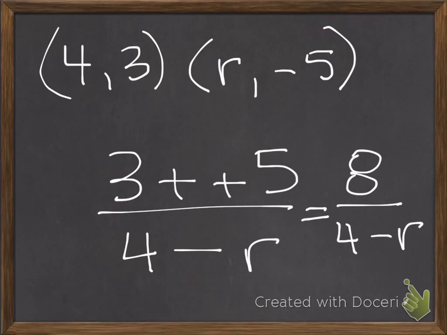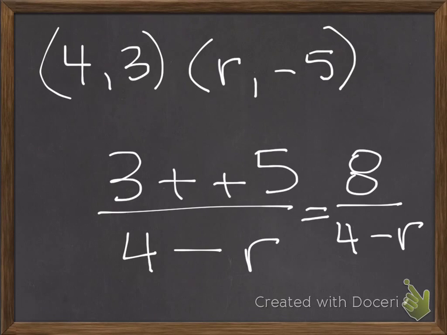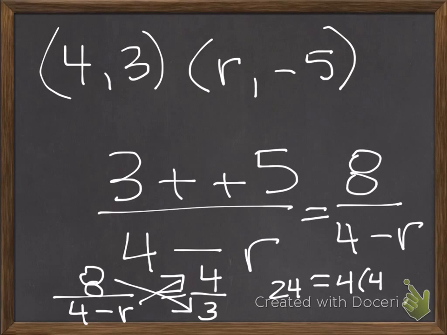So I'm going to take that ratio and I'm going to equal that to the slope that they gave me, which was 4/3. So 8 over 4 minus r equals 4 over 3. And then I'm going to solve for r by cross-multiplying to get 8 times 3 is 24 equals 4 times 4 minus r. So I'm going to need to distribute that 4. 24 then equals 16 minus 4r.